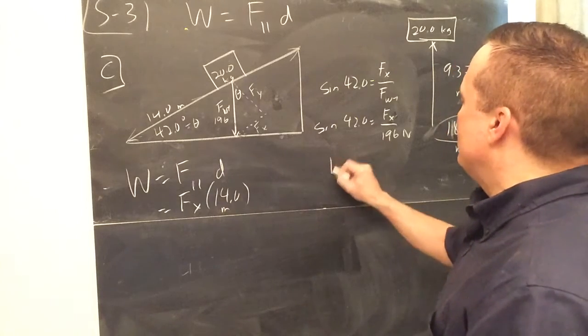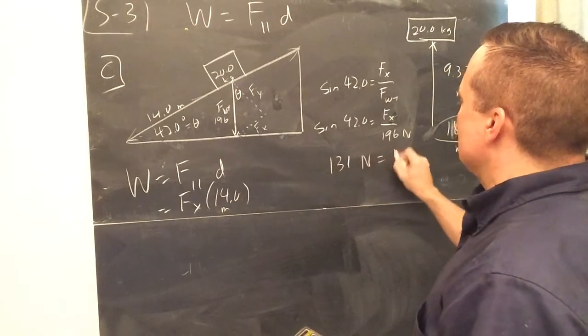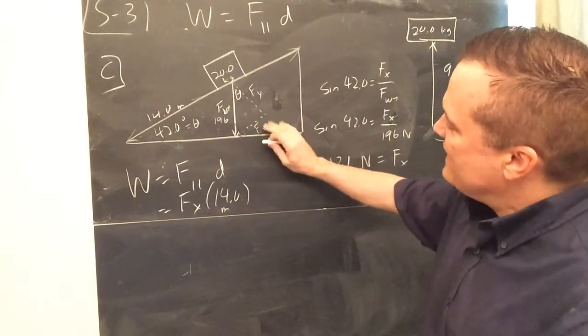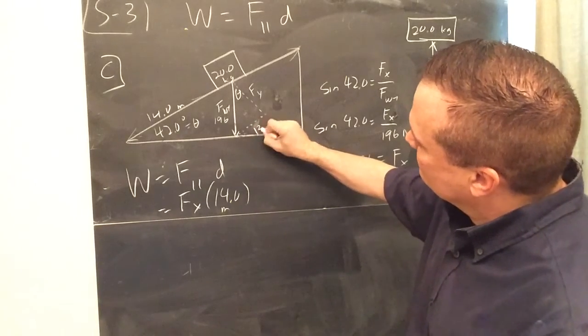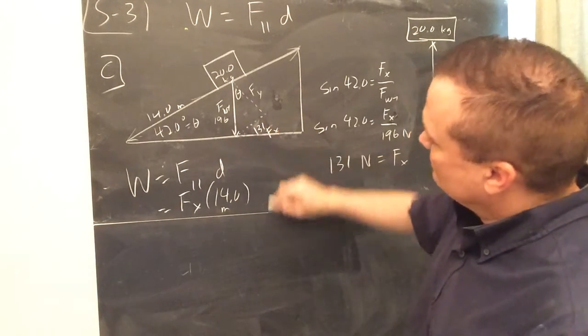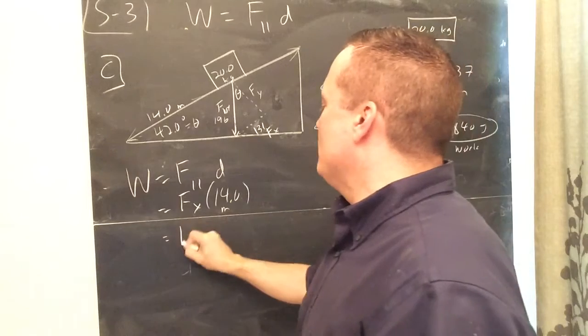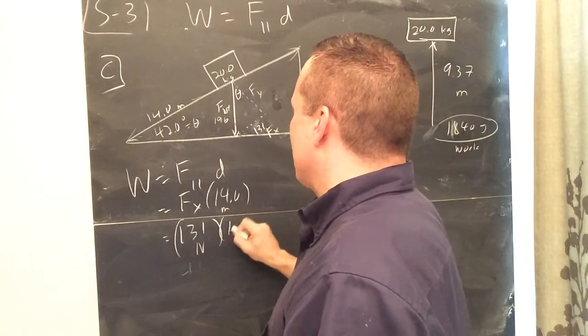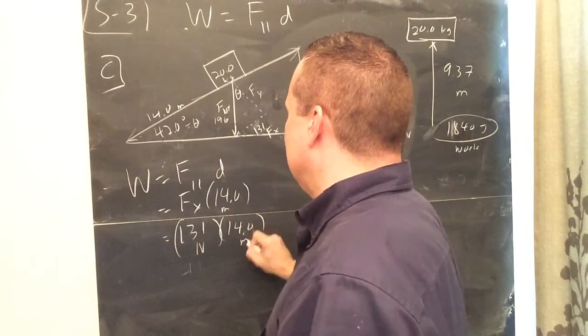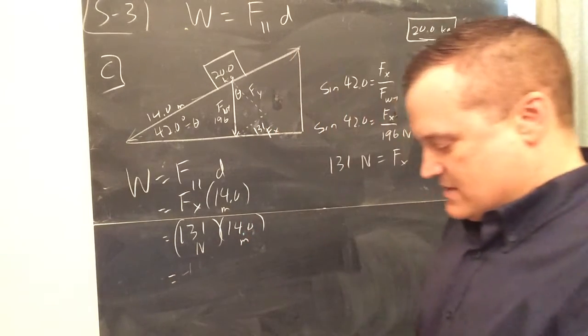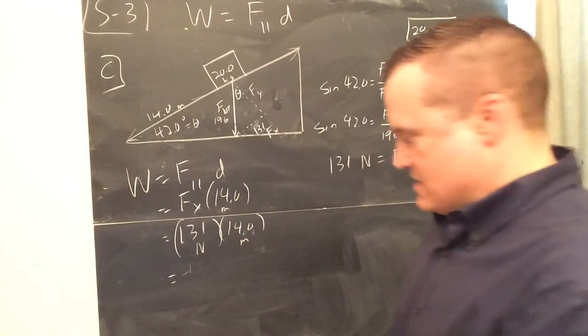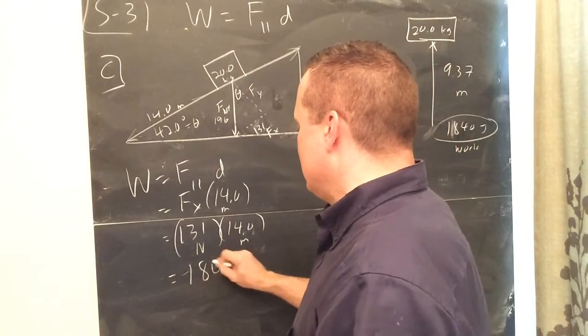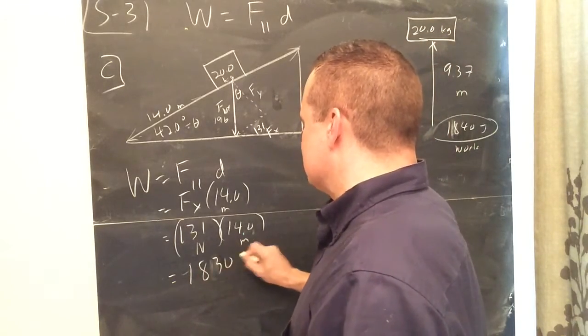It's 131 equals Fx. So Fx is 131. So 131 newtons applied to get it up the ramp a distance of 14 meters is going to be 1830 joules.